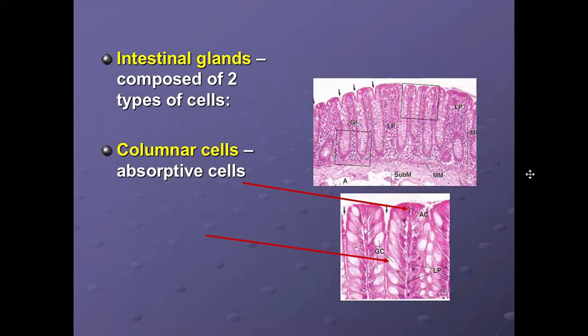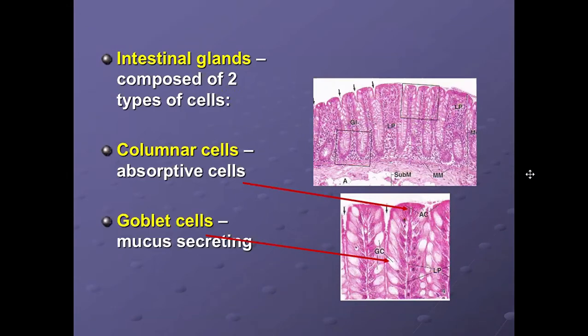And then you have the mucosecreting goblet cells. Columnar, basically here, absorptive, at the top, like the villi of the small intestine.